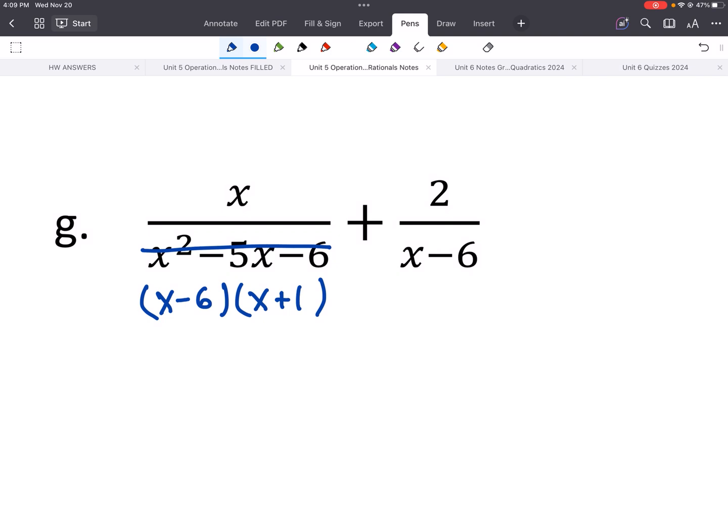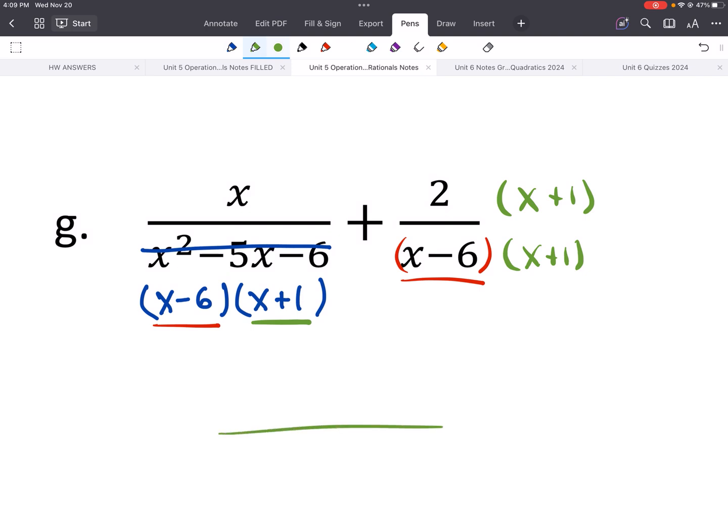Okay, so now everything's factored, and we'd want to say, well, how are we going to come up with a common denominator? We have an x minus 6 on both, but we do not have an x plus 1. So we want to put an x plus 1, top and bottom. Now we have a common denominator.